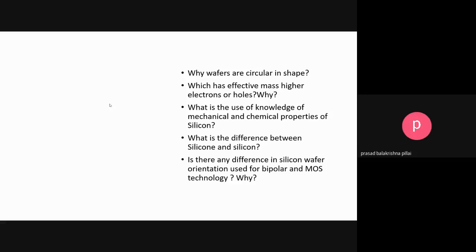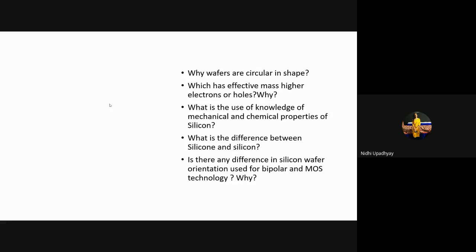So now I think we have discussed the mechanical and chemical properties of silicon. Do you remember why we want to know them? As far as electronics is concerned, knowledge of electrical properties is fine. But why are we sometimes interested in the mechanical and chemical properties of silicon?